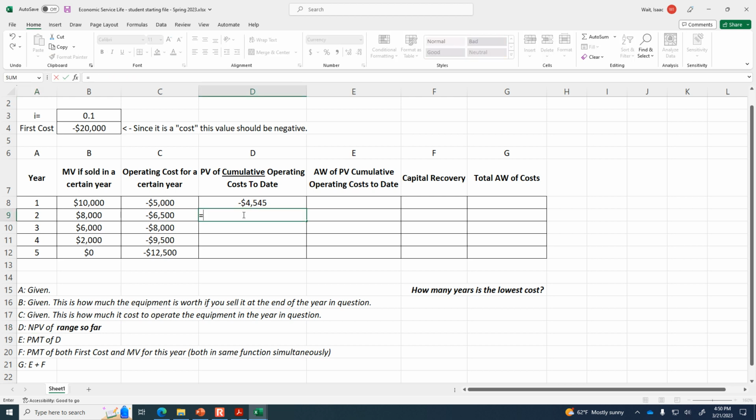So equals NPV, the rate 10%, and then the values are just going to be these first two. Okay. Can you also just do the PV and sum it to the last one? Let's try. Well, that's what I did, and I got the same.